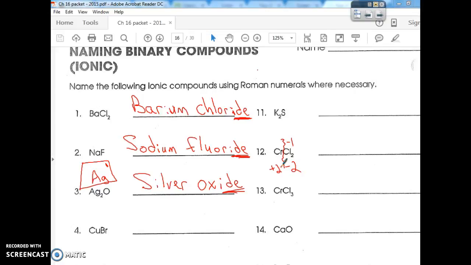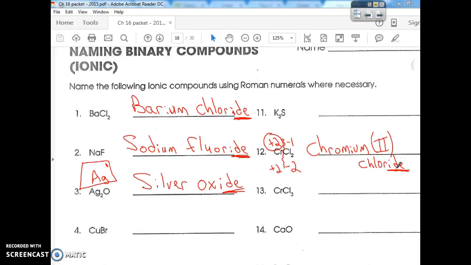Now there is no subscript with the chromium, so that whole +2 charge is coming from that 1 chromium. So now that's telling you it is chromium 2. So when we write this, you keep the name chromium, you put the 2 as a Roman numeral, and then you write the chloride just like we have been doing, with it ending in IDE.